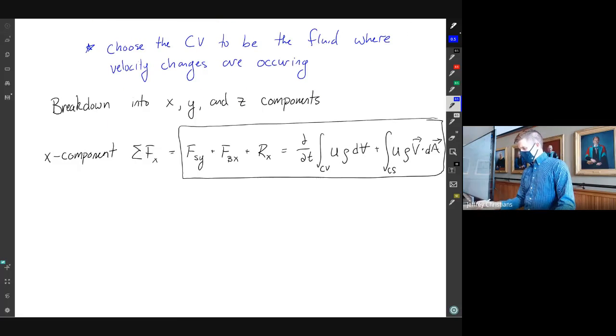The one thing to note is this term, the velocity dotted with the area, has to stay in vector notation because it's related to flow across the surface. So that has to stay as a dot product. The other components we can break down into u, just the x component of the velocity.